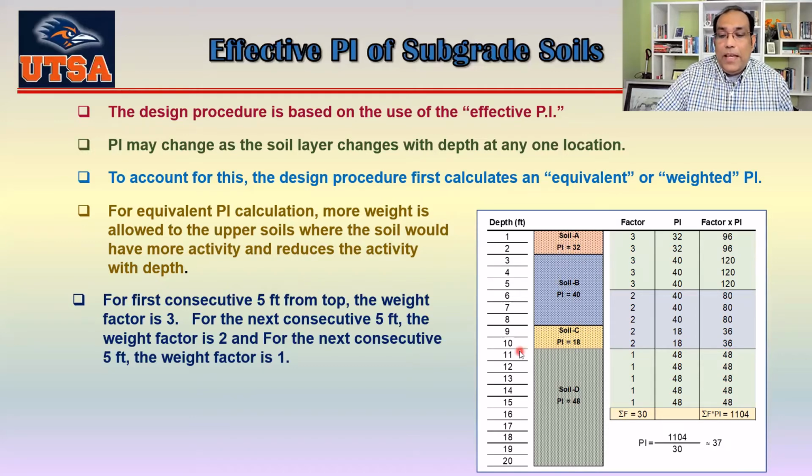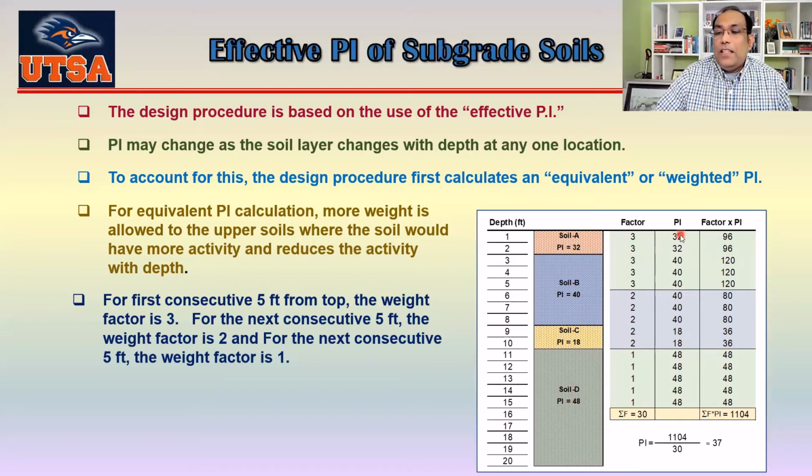And from 11 to 15, we have soil D. Actually, this one extends to 20 feet, but we are going to count only up to 15 feet here. So I use these factors: 3 for the first 5 feet, 2 for the second consecutive 5 feet, and then 1 for the next consecutive 5 feet.